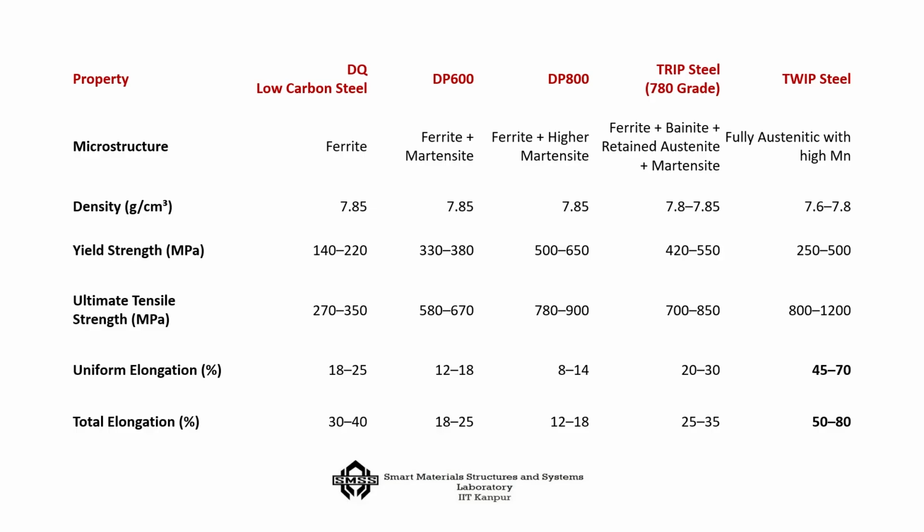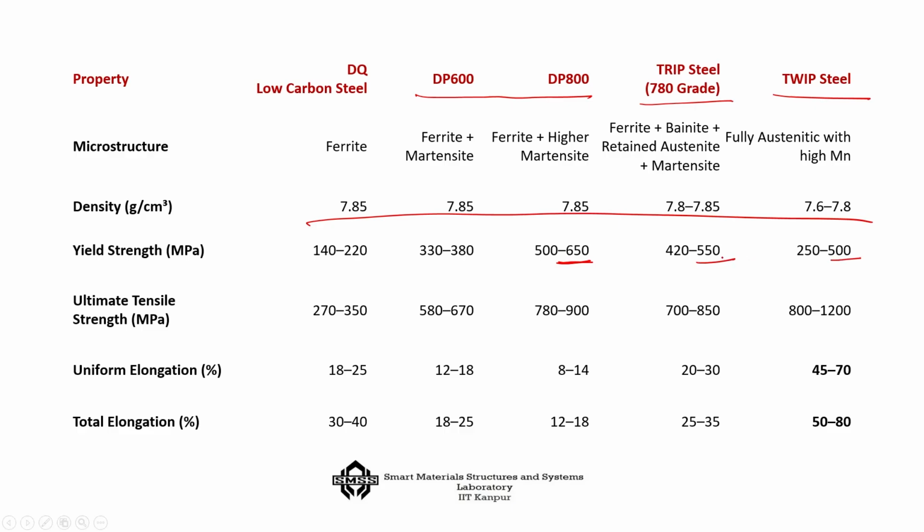Now, here I am comparing the DQ, the dual phase steel, the TRIP steel and TWIP steel. What you can immediately see is that in terms of density there is hardly any change. Looking at the specific properties, for yield strength the maximum you are going to see is in one of the dual phases, DP 800, and it is also quite good in TWIP and TRIP.